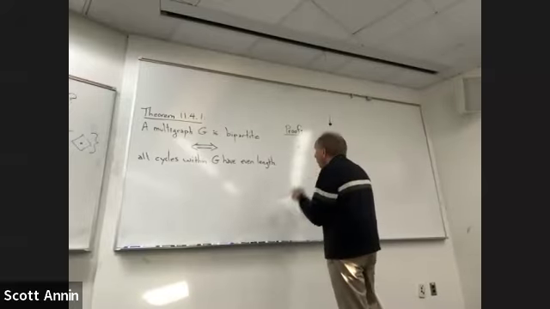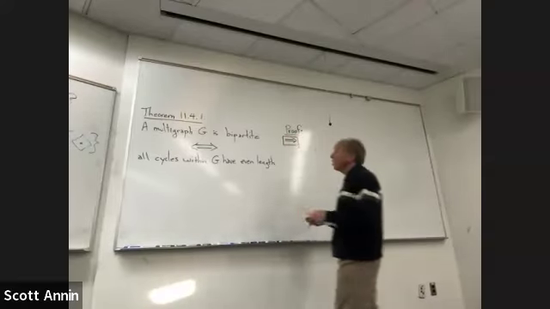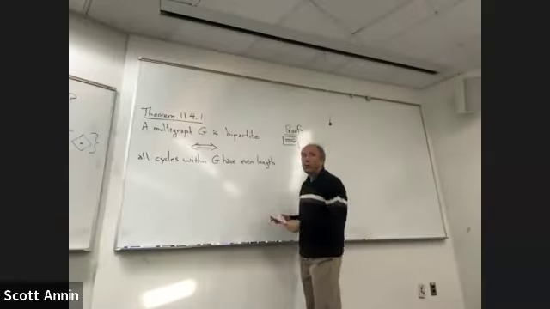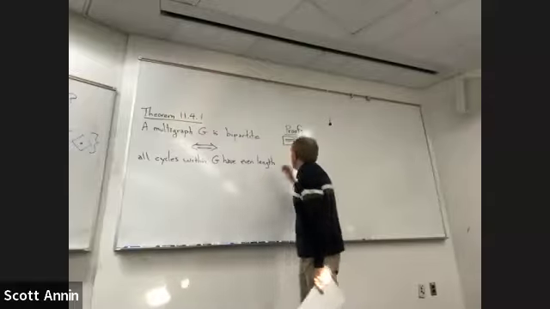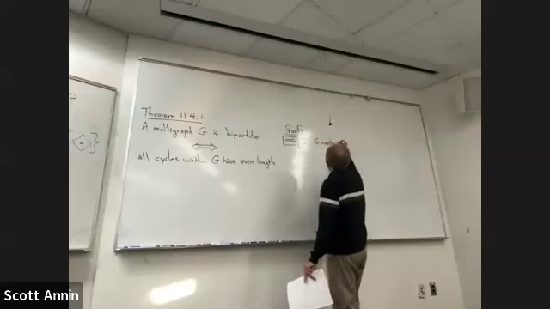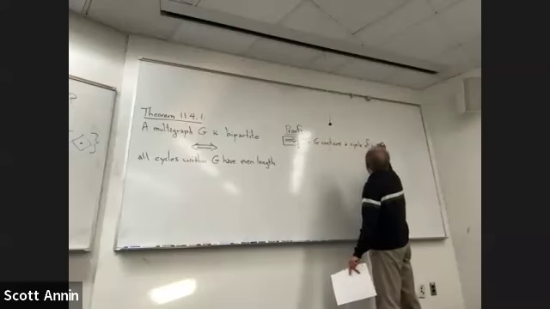Let's see, the proof. So we have to go forward and backwards on this. Let me just talk about the forward direction just a little bit. And I'm gonna explain the forward direction essentially in contrapositive. So if G contains a cycle of odd length.